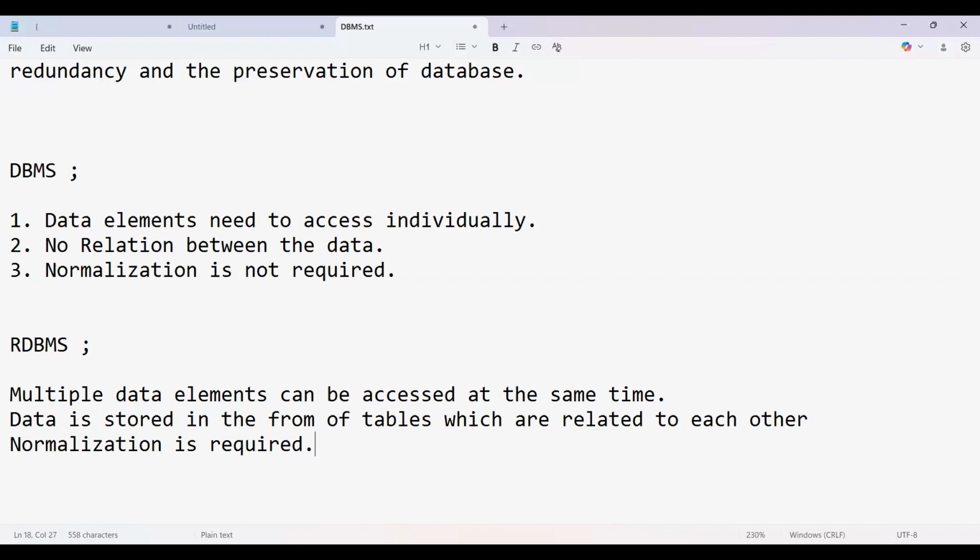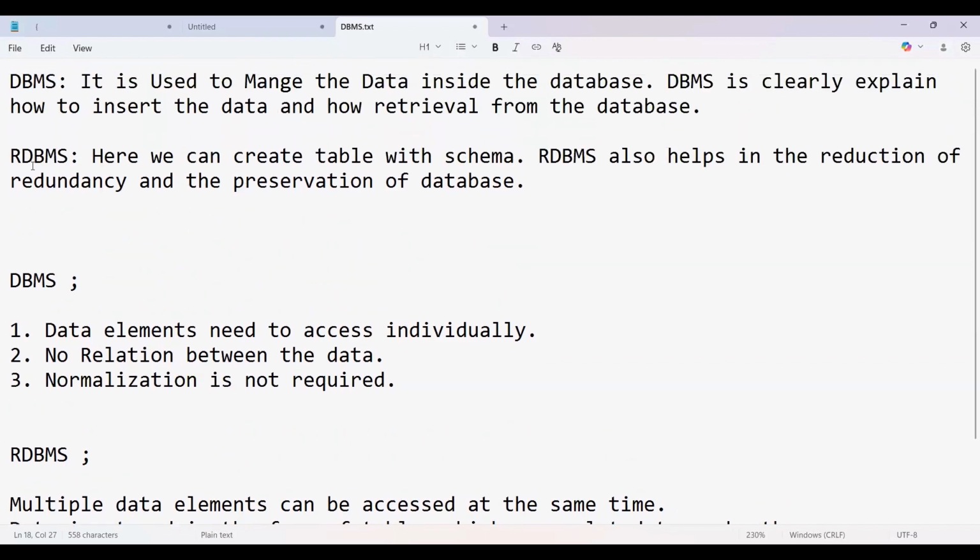So what is normalization? Normalization is the process of organizing the data in a relational database to reduce data redundancy. Already we discussed that.